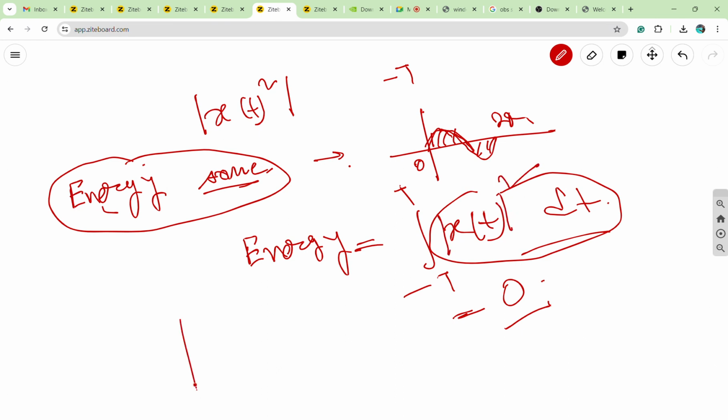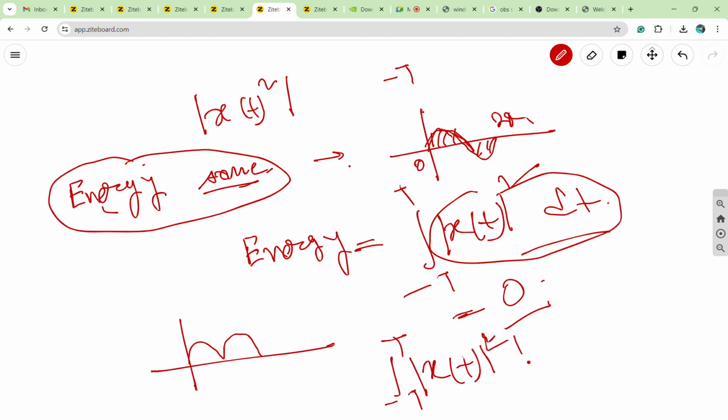If you square it, then it converts. So that's why they are taking from minus t to t the mod square term, and squaring it. So it actually preserves how much quantity this signal bears. This can be a definition, but this is the definition of energy.